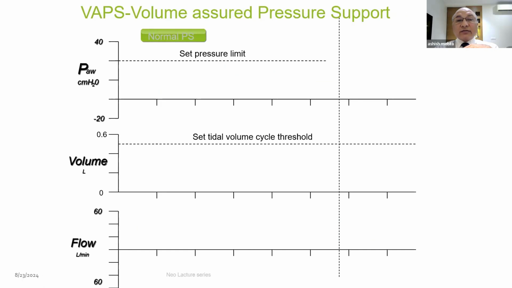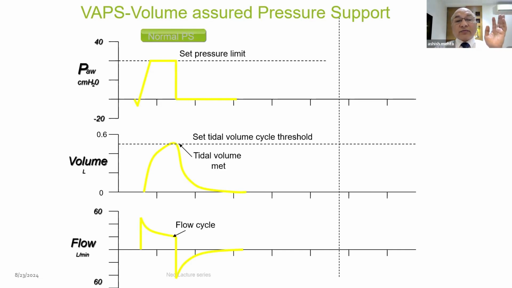Set the pressure limit, set the target volume and cycle threshold. Flow is delivered, and the desired volume, compliance and resistance are being measured. Target volume is met, good. It is flow cycling, that's fine. In the subsequent breath, you can see here the target volume is not reached.